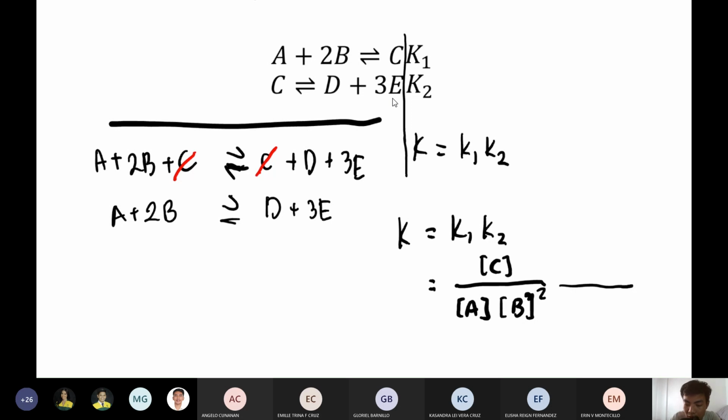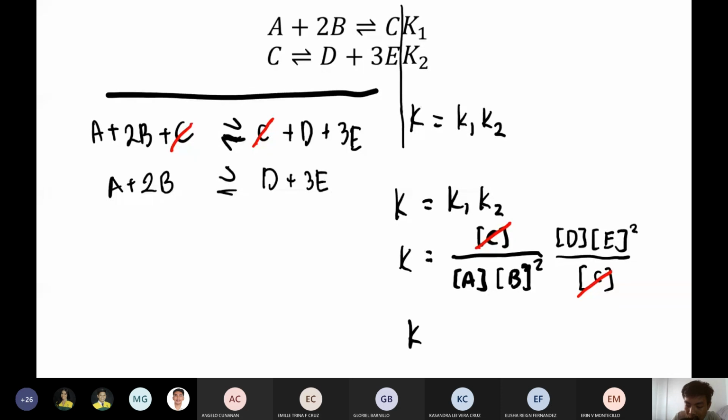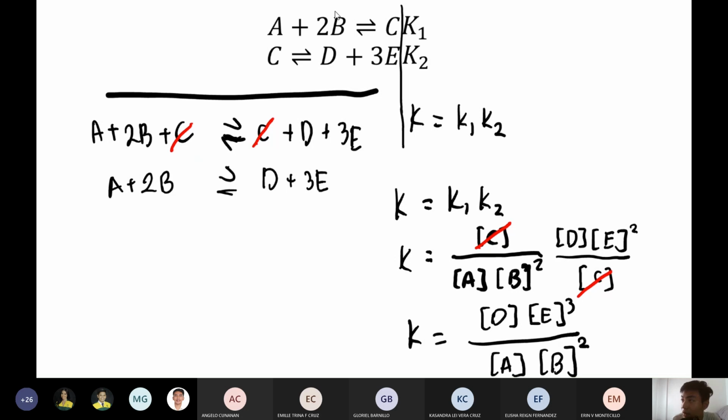Yung D and E cubed nasa numerator. Yung C nasa denominator. And tignan nyo, yung C, parehas sila magka-cancel out. No? So that the overall K will be D, E cubed over A, tapos B squared.